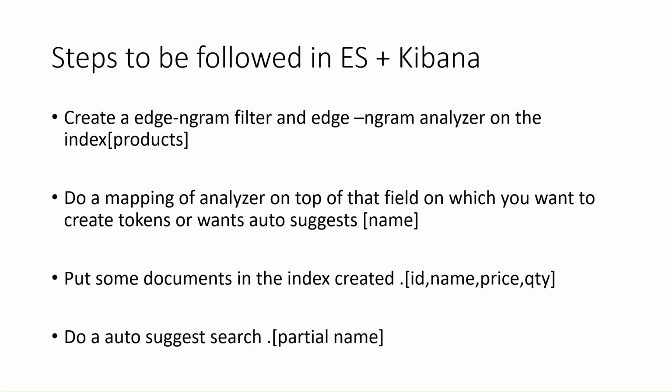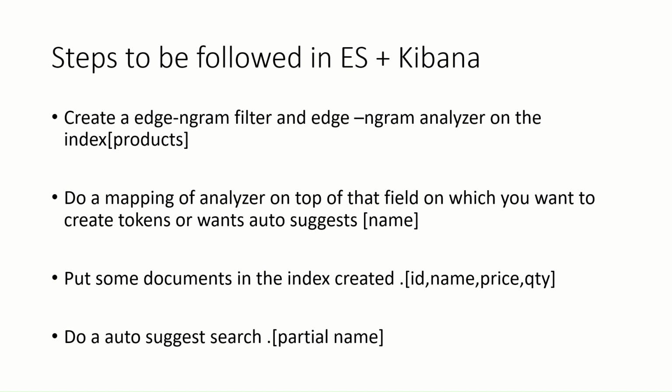I have already covered that in that video. So make sure you watch that video first and get some idea about the edge n-gram. Because in this video we are going to apply the edge n-gram logic to write the auto suggest API. Anyway, I'm going to discuss the edge n-gram here as well.